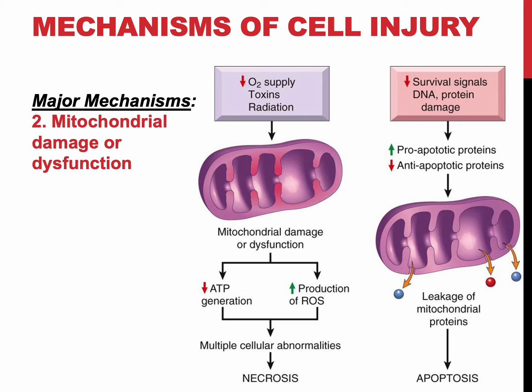So there's a disbalance between these pro- and anti-apoptotic proteins, and these leak from the mitochondria, and this typically leads to apoptosis. So again, mitochondrial damage or dysfunction can also lead to apoptosis, and that depends on the initial signal. If you have protein damage, decreased survival, or damage to the DNA, apoptosis is often the end result.